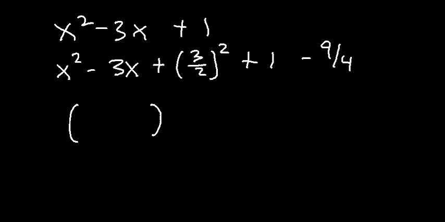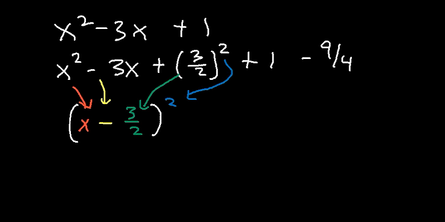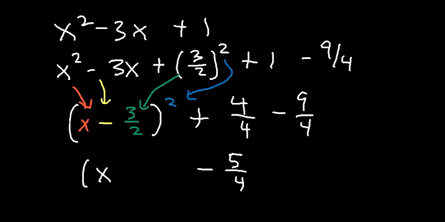So to factor it, it's going to be x minus 3 over 2 squared. Now to combine 1 and 9 over 4, we need to get common denominators. 4 over 4 is the same as 1. So 4 over 4 minus 9 over 4 is negative 5 over 4. So this is our final answer, x minus 3 over 2 squared minus 5 fourths.